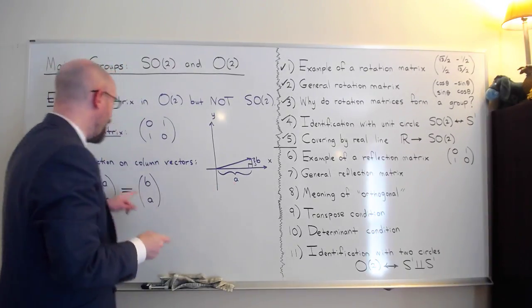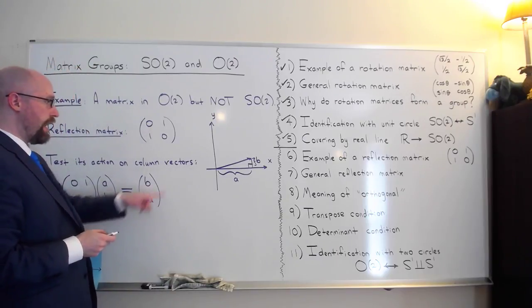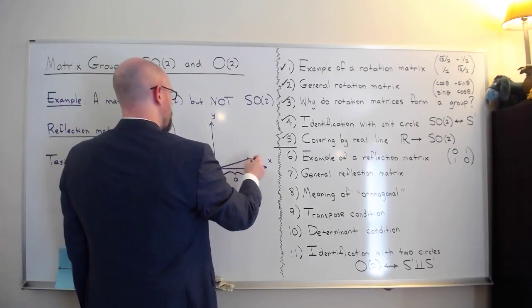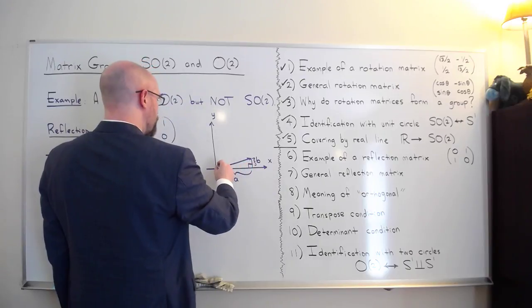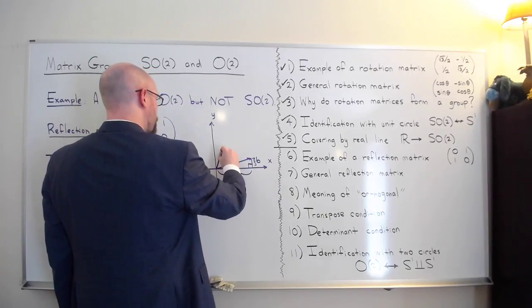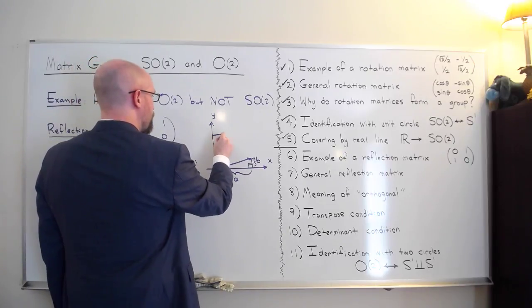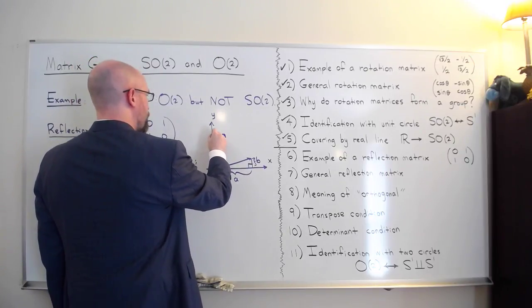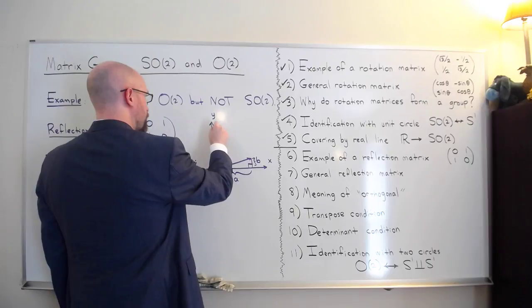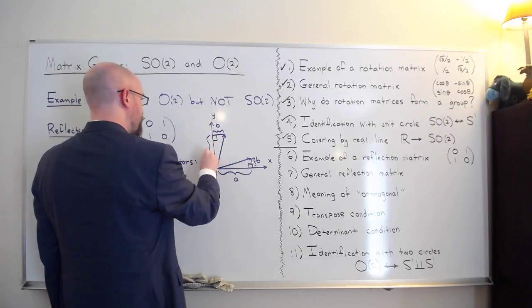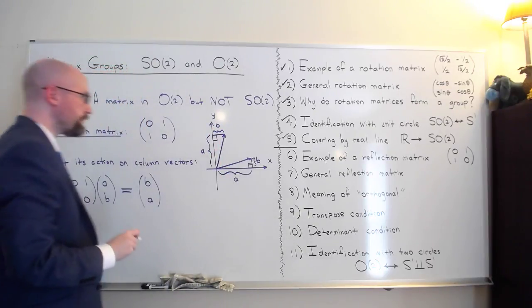It moves A to be the y component now and B to be the x component. So if B is the x component, that's this little component here, and so it goes like that. And so now I could draw a right angle here. That's B for this vector, and then this distance here is A.